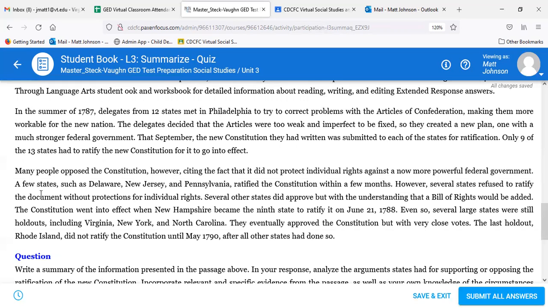And so how do they resolve that then? That would probably be our final point to make, because we do get it ratified. So what happens to ensure that it gets passed? They eventually approved the Constitution, but with very close votes.